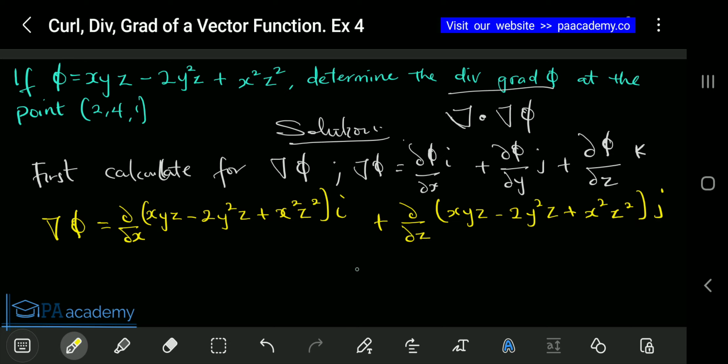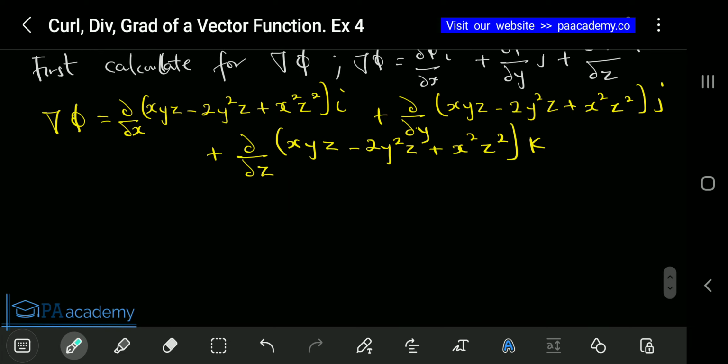Then for k, plus the partial derivative with respect to z of xyz minus 2y squared z plus x squared z squared.